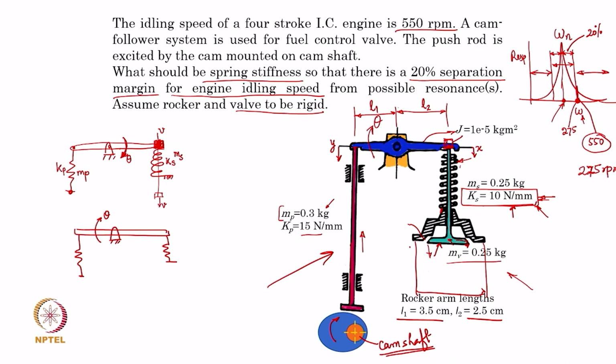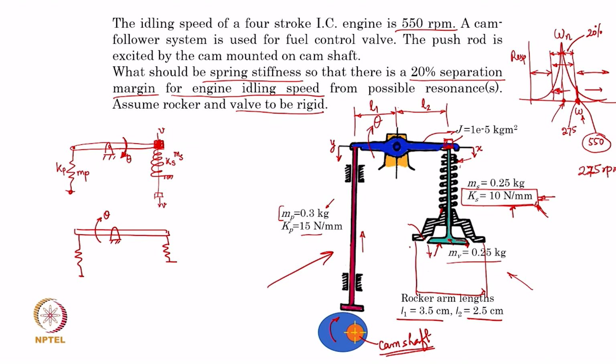So, what you will have to do is, first, once you get the governing equation and the natural frequency expression, substitute all these values and check whether the natural frequency for this system turns out to be 20% away from this 275, either on this side or on this side.